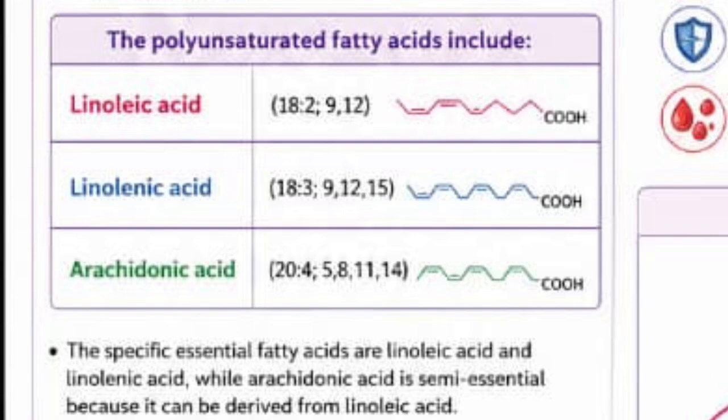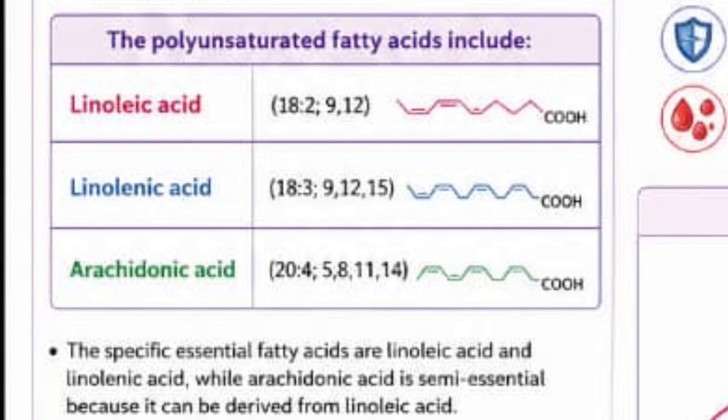Arachidonic acid is 20 carbon with 4 double bonds in positions 5, 8, 11, and 14. So these are polyunsaturated fatty acids. The one that has one double bond is oleic acid, which is the simplest form.